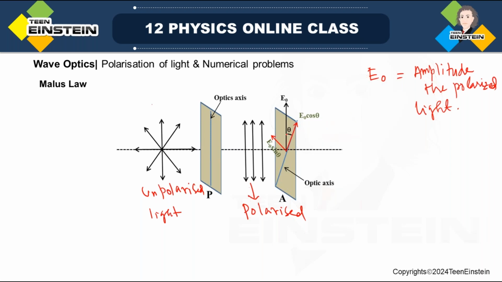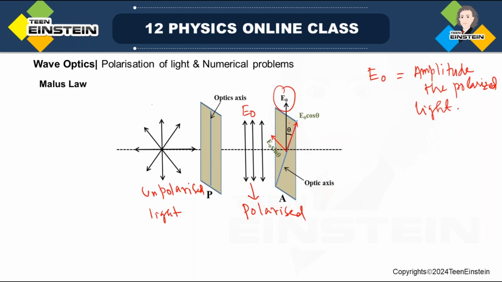Now look, the light has amplitude E0 after passing through the polarizer, and I can have two components of this light. I can have a component along the optic axis of the analyzer, this blue one.